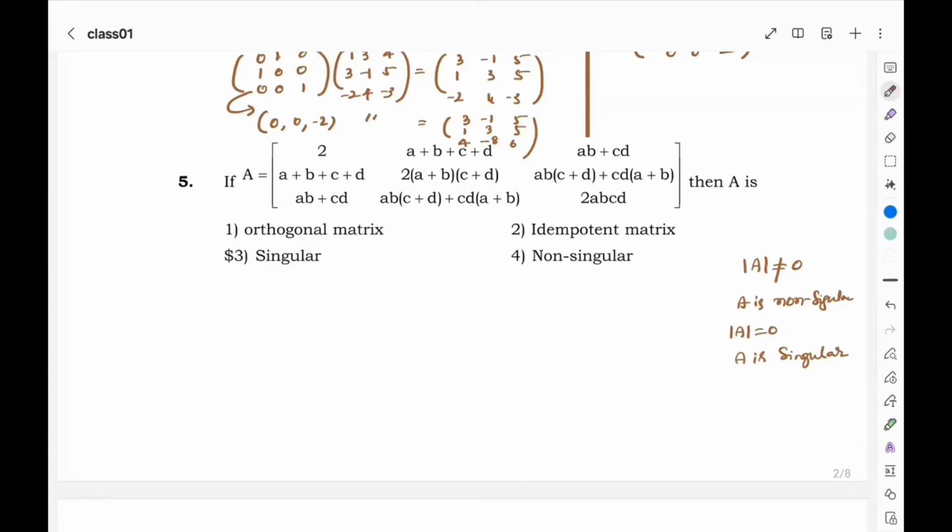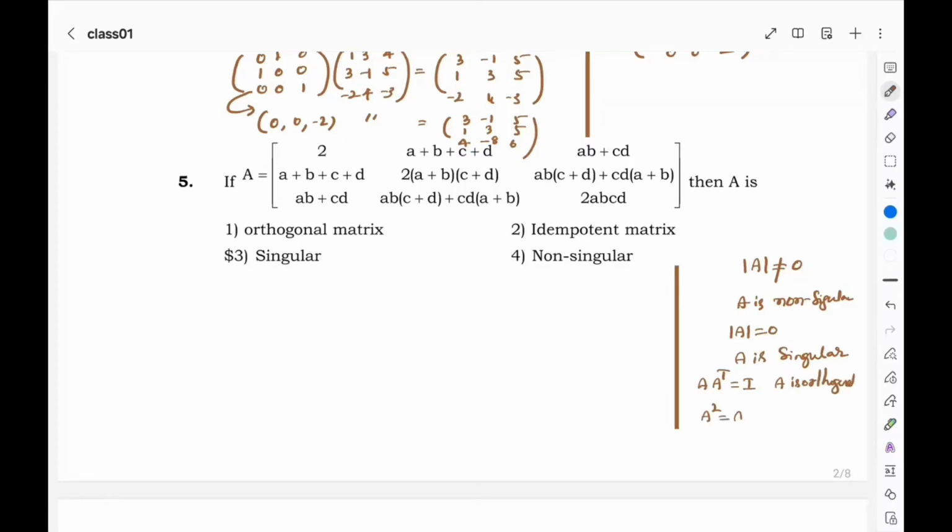So now you understood this. First of all, to answer the question, you should be familiar with the terminology. Orthogonal matrix means A into A transpose is identity. We say A is orthogonal.